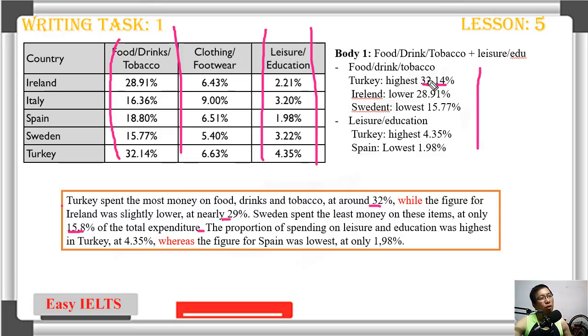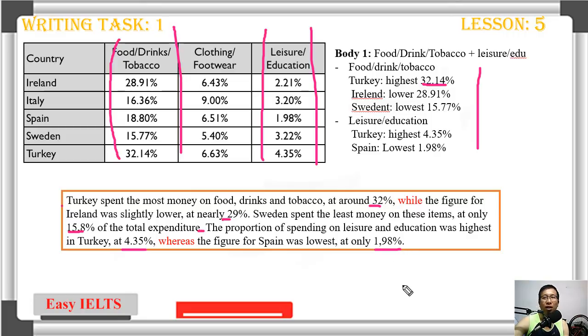You can round the numbers, for example, 28.9, you can say nearly 29. It's okay to do so. Okay, we continue talking about leisure and education. The proportion of spending on leisure and education was higher in Turkey at this number, whereas the figure for Spain was lowest at only 1.9%.